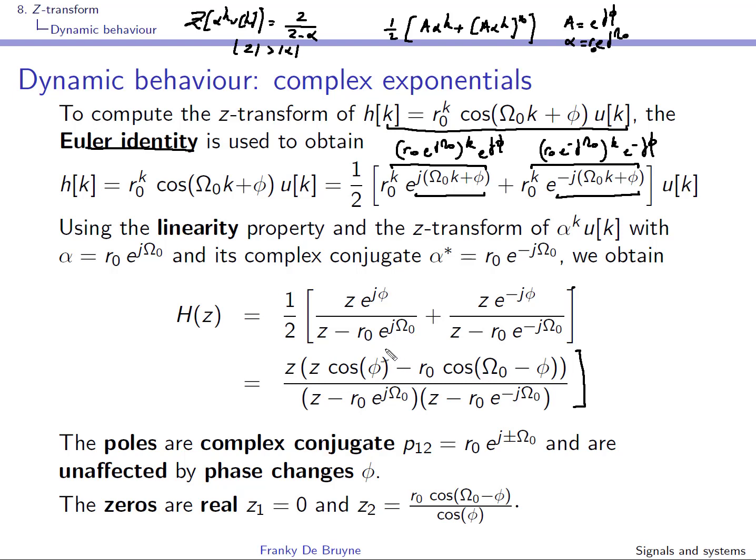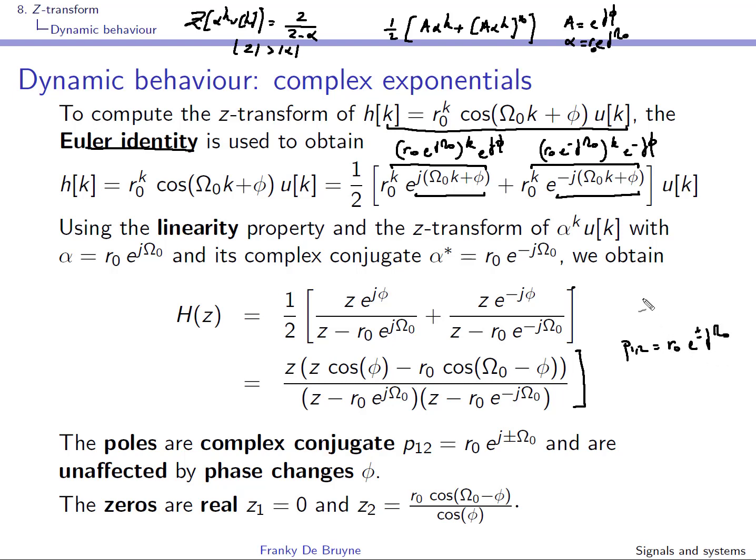The important thing is that you see that the poles of the z transform that are associated to this impulse response are at r0 exponential of plus minus j omega 0.